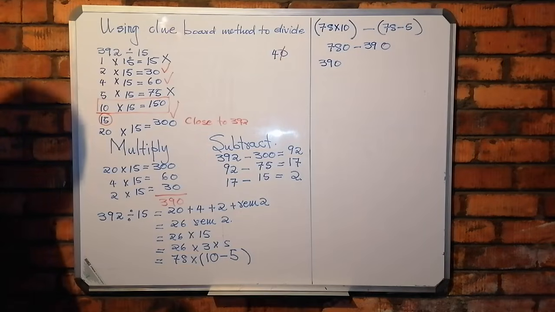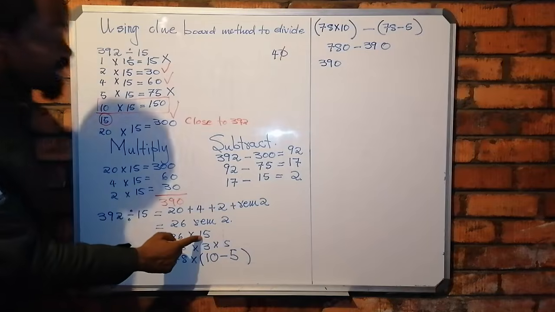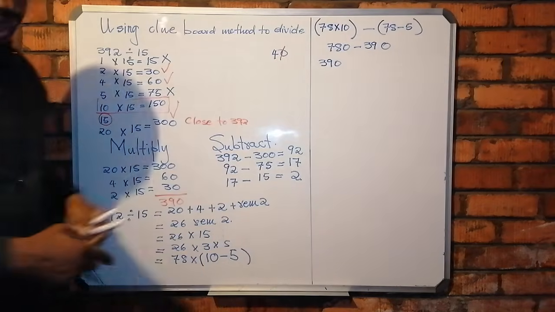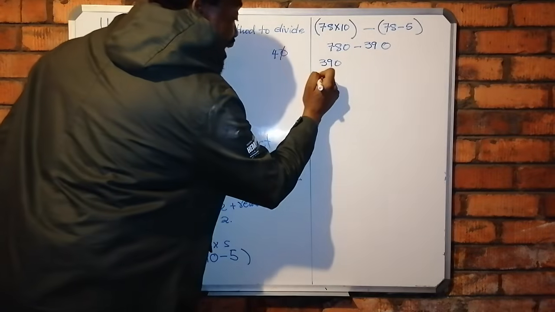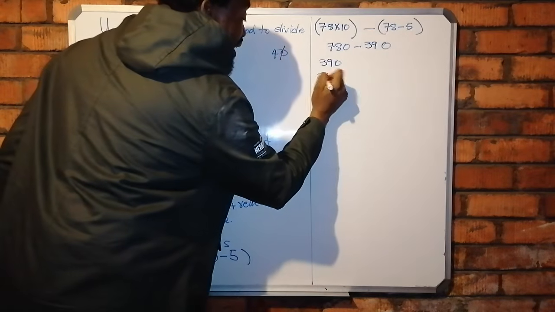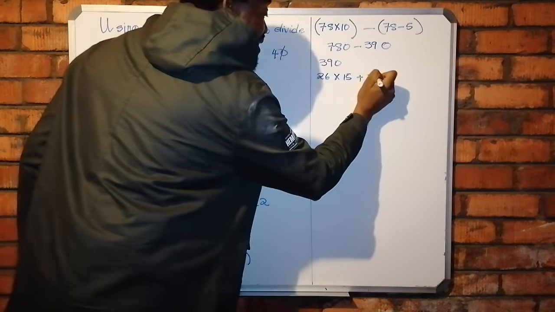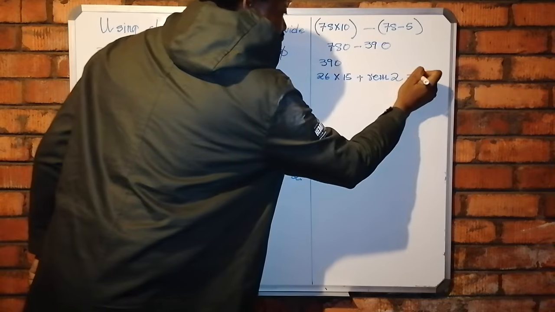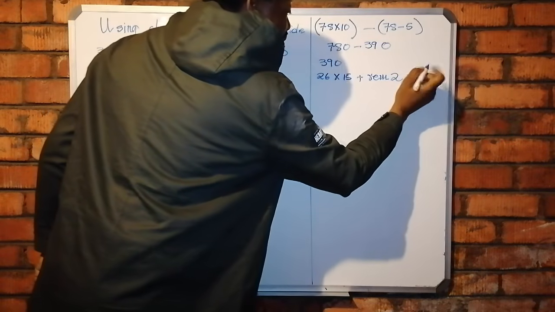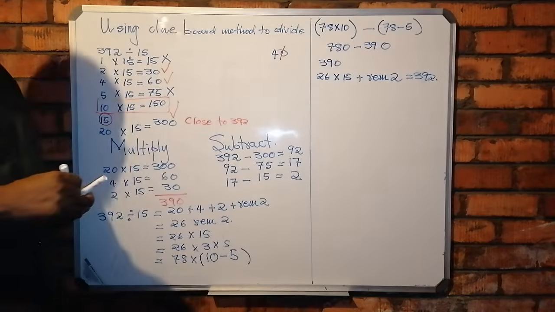Will you believe it? You must believe it, because 26 times 15 is 390. Now I'm finishing this off. I'm saying that means 26 multiplied by 15 plus the remainder 2 mummies is equals to 392.